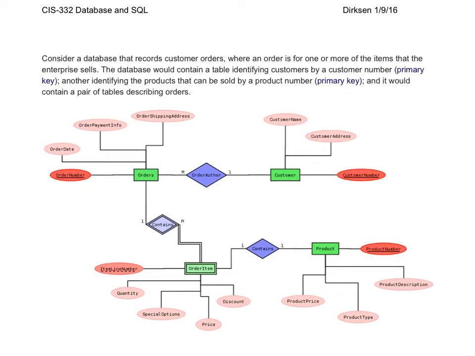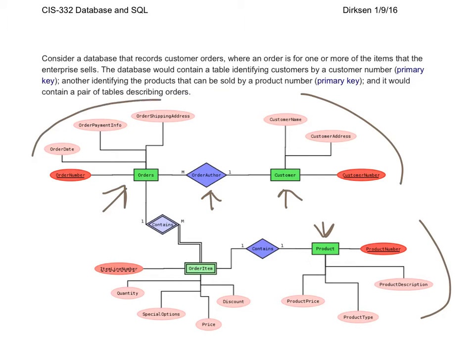Here's another example. This is an example of orders, order author, customers, products. Those are all entities. Here we have the attributes of the entities, and so forth.